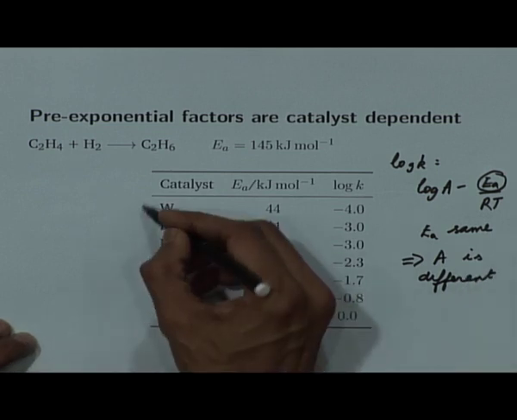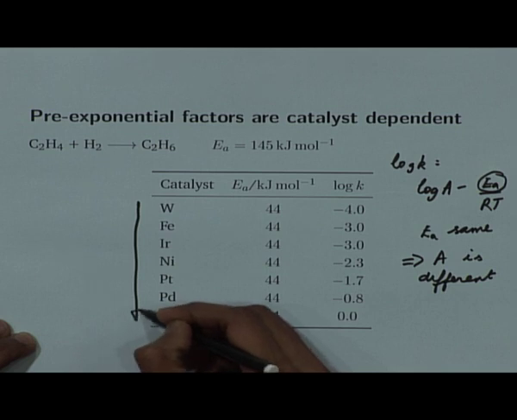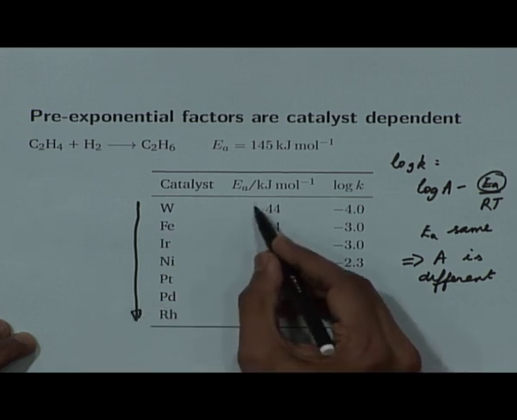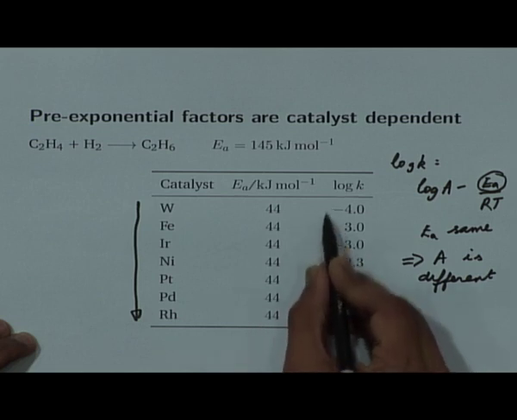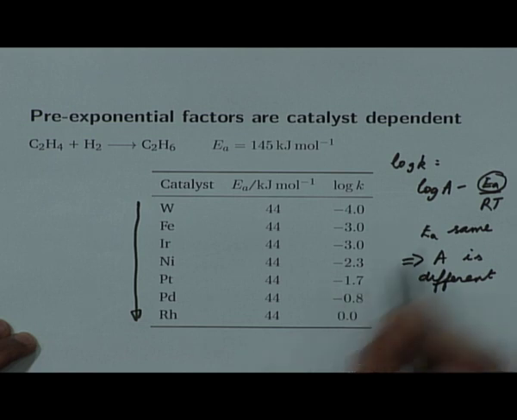So, in this set, what we see is that the activation energy is the same, but the log k's are different, and the log k's being different implies that the pre-exponential factors are different.